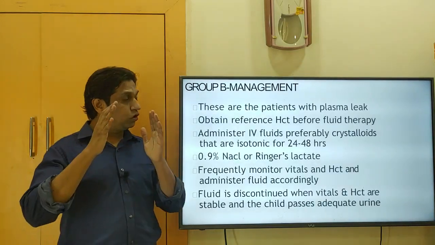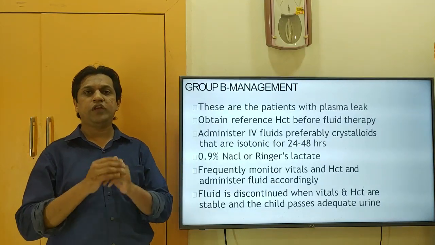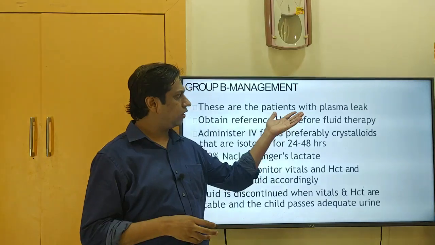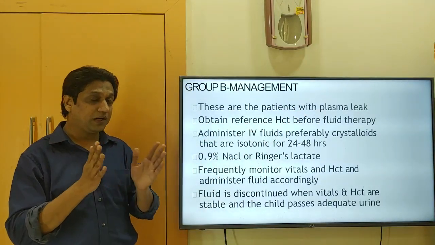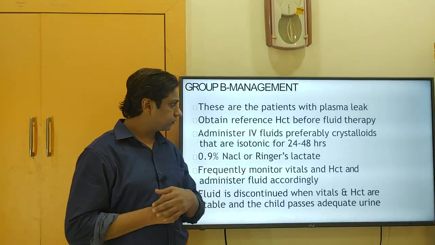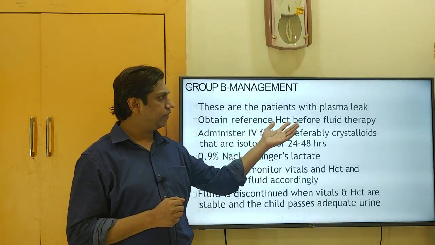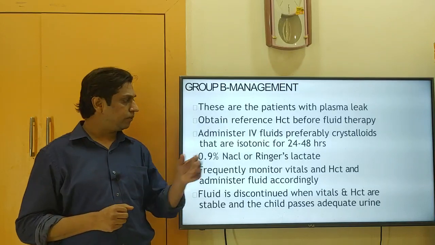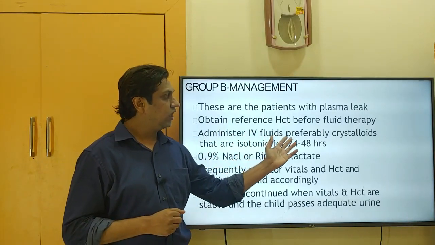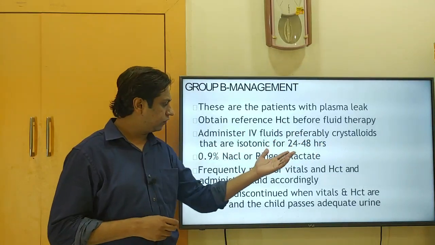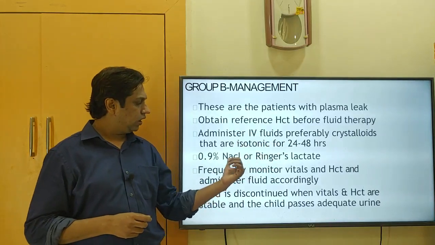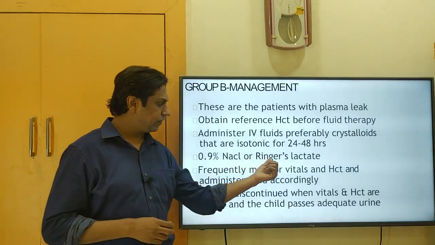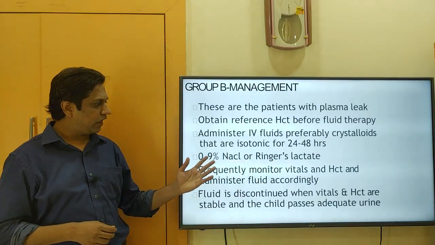Okay, then Group B management, those whom we have already admitted. These are patients with suspected plasma leakage. First thing is we have to take a reference hematocrit level for fluid therapy. The main thing in management here is the administration of IV fluids, preferably crystalloids like 0.9% NaCl or Ringer's lactate, that is RL, or simply 0.9% NS.